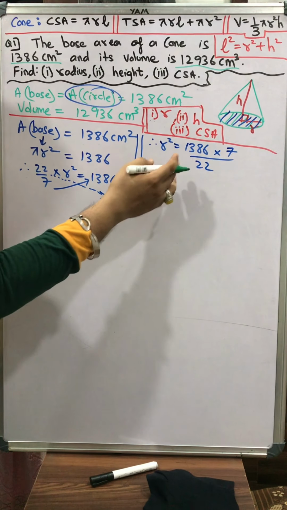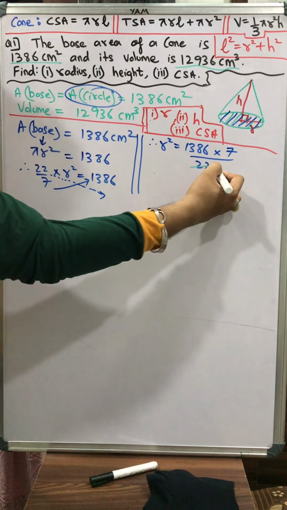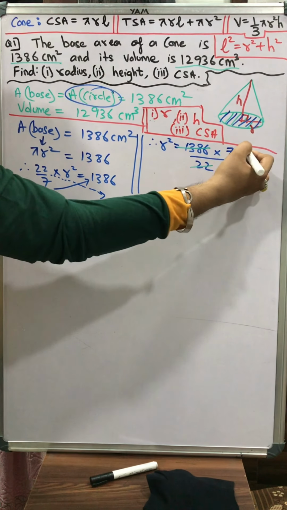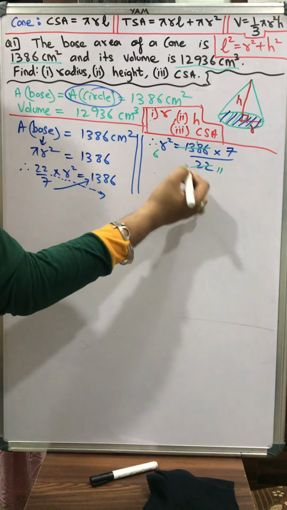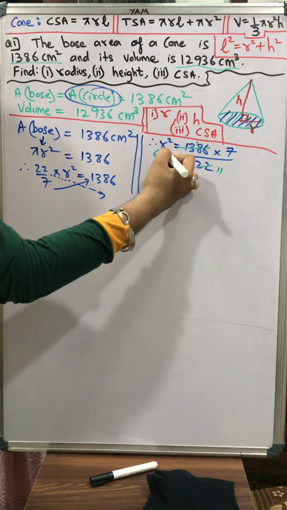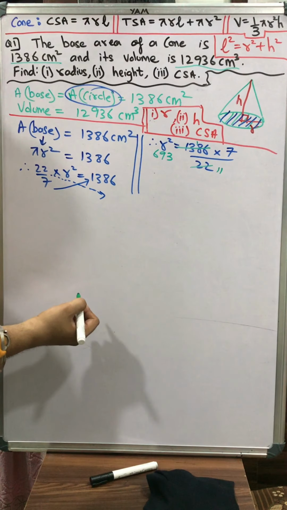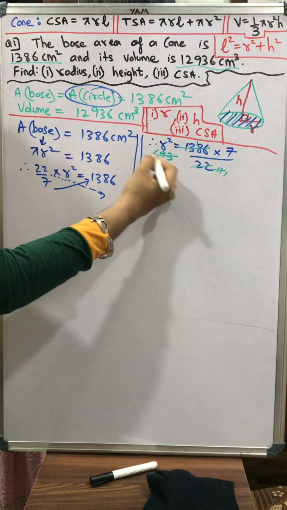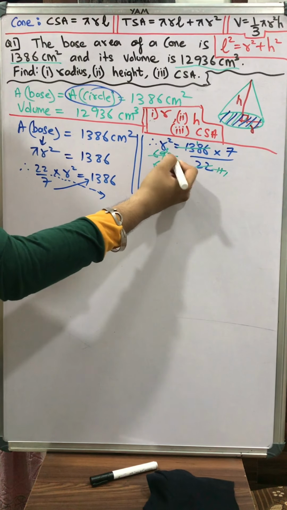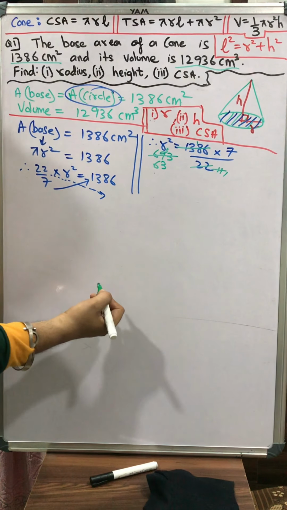Can I say this goes in 2 times table? 2 ones are 2, 2 sixes are 12, it's 13, so carry 1, it's 18 now. So 2 nines are 18 and 2 threes are 6. Now students, 11 ones are 11, 11 sixes are 66, carry 3, it's 33, so 11 threes are 33.